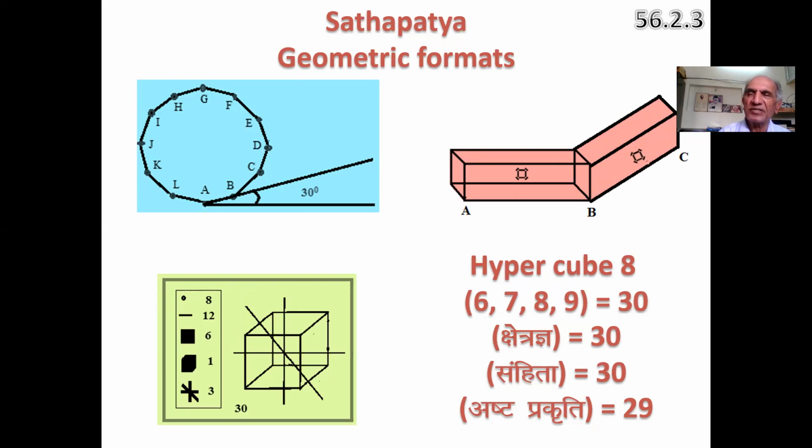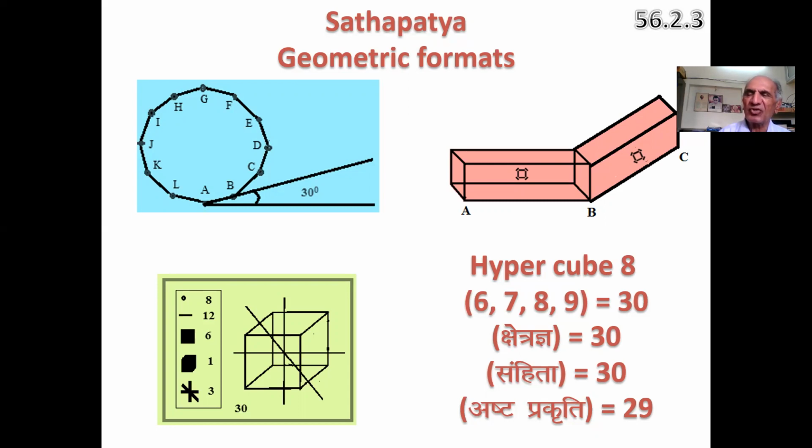There are 30 structural components of cube. Hypercube 8 is of fourfold manifestation layer of summation value 30.